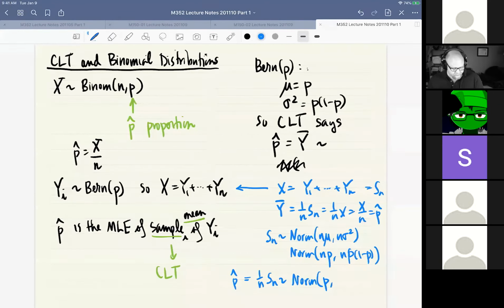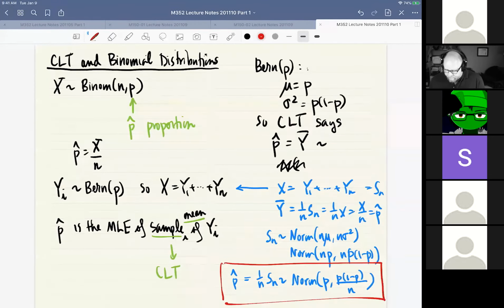The same thing happens with the variance, but you divide by the square, so we divide the variance by n squared. That cancels with one n in the top. So this is the upshot. By the central limit theorem, the sample proportion as an estimator is distributed as a normal random variable with these parameters.